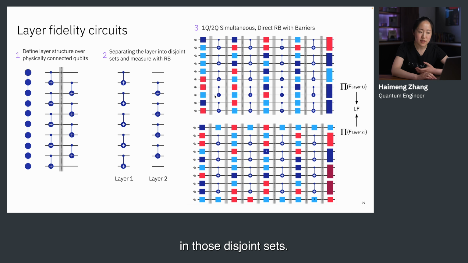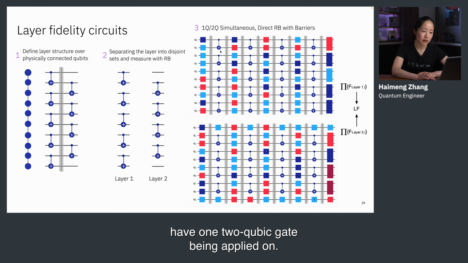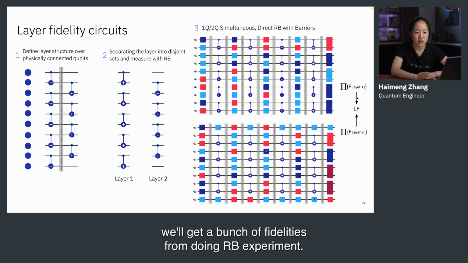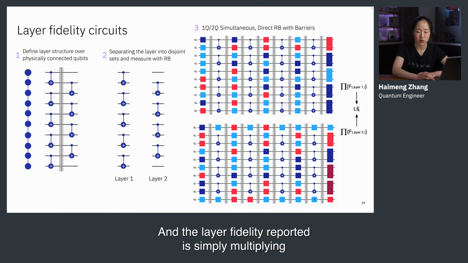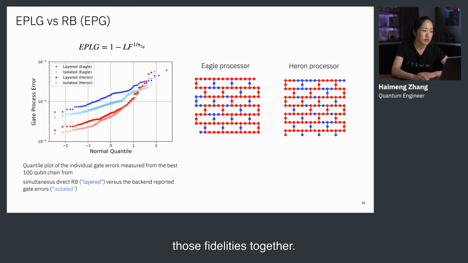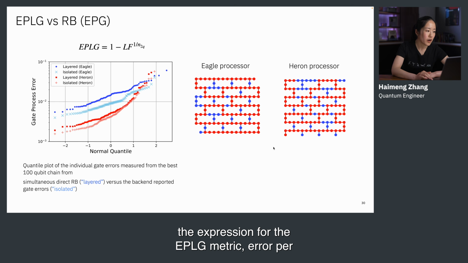In those disjoint sets, each qubit would only have one 2-qubit gate being applied on. At the end of this protocol, we'll get a bunch of fidelities from doing RB experiments, and the layer fidelity reported is simply multiplying those fidelities together. So this is the expression for the EPLG metric, error per layer gate, we report.